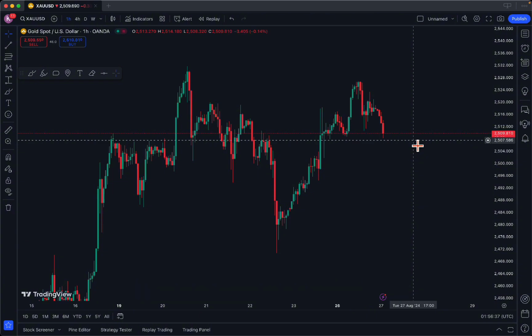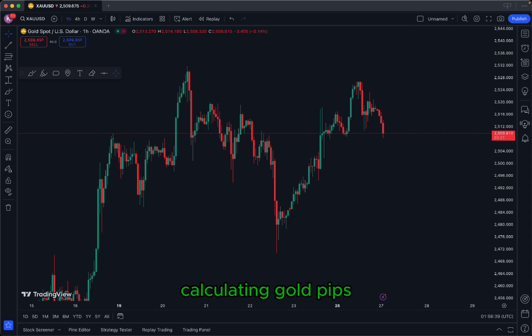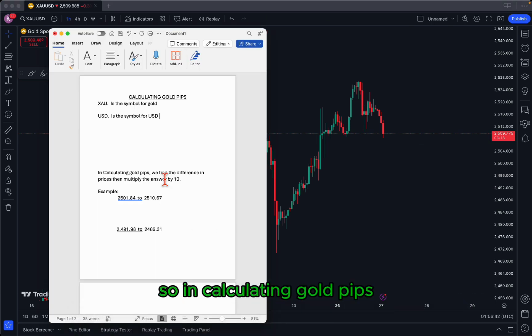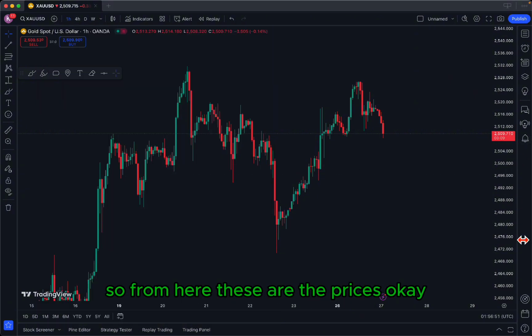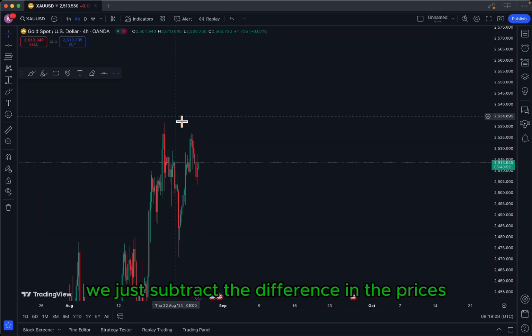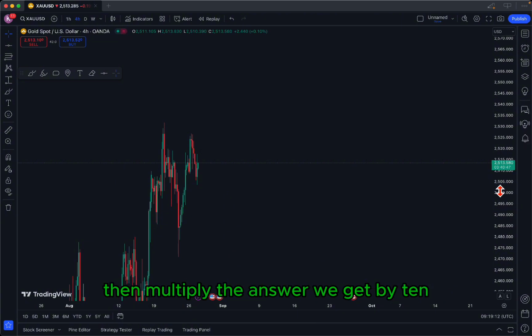Calculating gold pips. So in calculating gold pips, we find the difference in prices, then multiply the answer by 10. So from here, these are the prices. For us to find the pips, we just subtract the difference in the prices, then multiply the answer we get by 10.